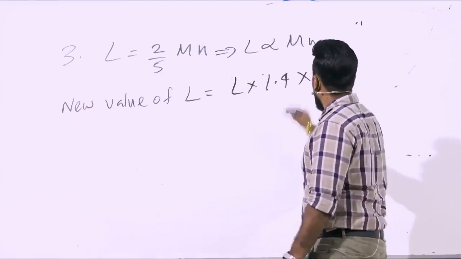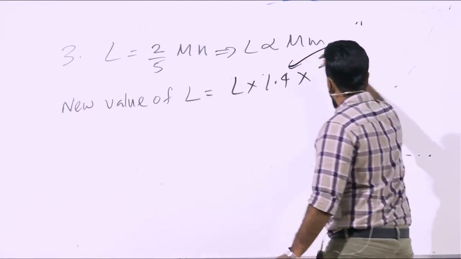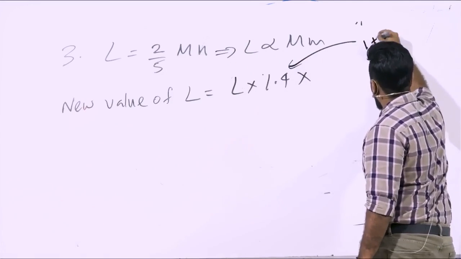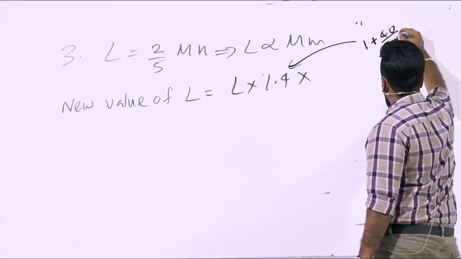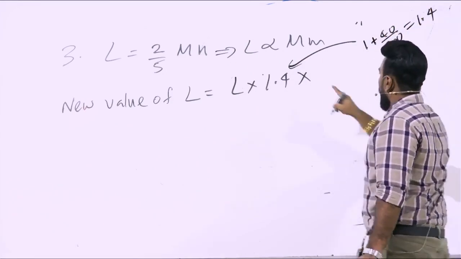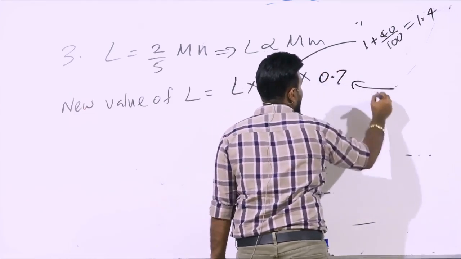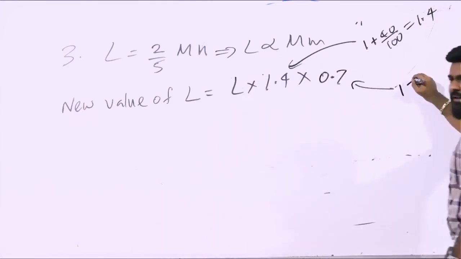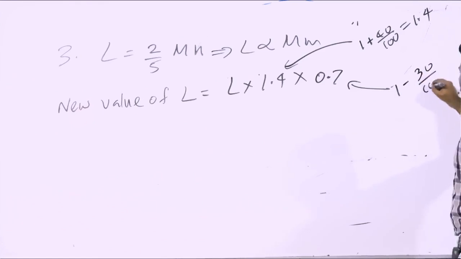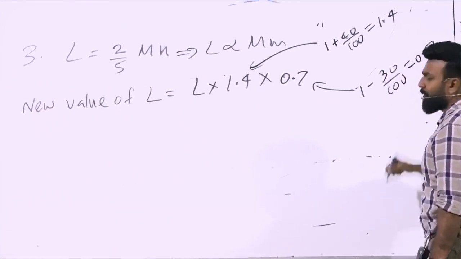0.7. Now, is it clear how this came? How did this come? 1 plus 40 over 100 is 1.4. Then this value is 0.7. How do you get that? 1 minus 30 over 100 is 0.7.